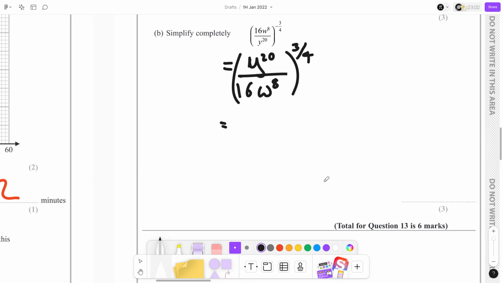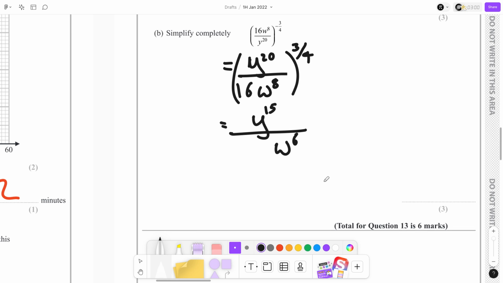Okay. And then we just use the fact that we used before, which is you just multiply the powers. So y to the 20 times 3/4: 20 divided by 4 is 5, times 3 is y to the 15, over w to the 8 times 3/4: 8 divided by 4 is 2, times 3 is 6, so we get w to the 6.